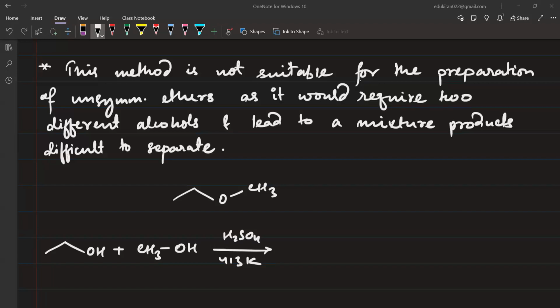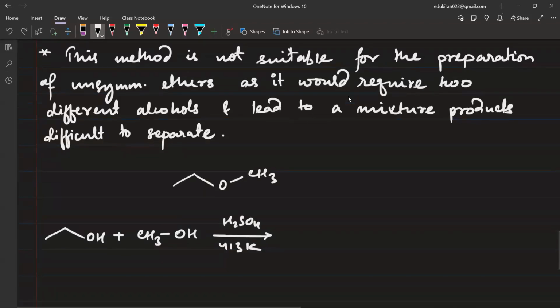Now, I expected this product, I expected methoxyethane or ethyl methyl ether, but what would actually happen is, please listen very carefully, there will be some ethyl alcohol which will never meet the methyl alcohol. They will react with themselves and form ethoxyethane. Similarly, there will be some methyl alcohol which will never come into contact with ethyl alcohol, they will come into contact with methyl alcohol only.